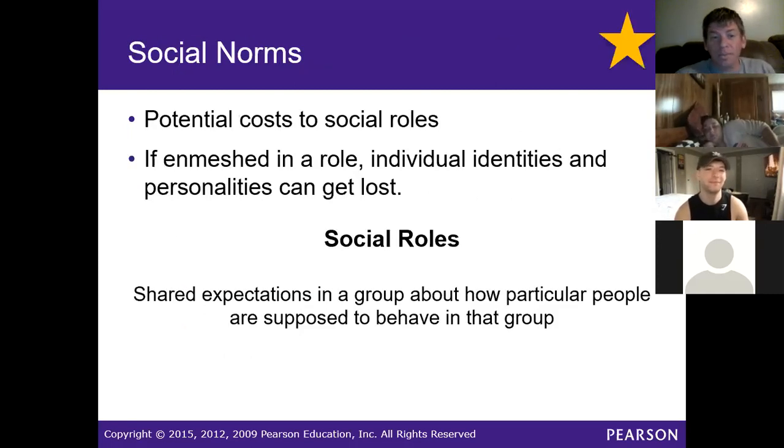So, what are social norms? Social norms are the things that help establish the rules that govern our behaviors in society. As a result of this, though, it may come at a cost to our social roles, which we know are our expectations based on some affiliation with a group.